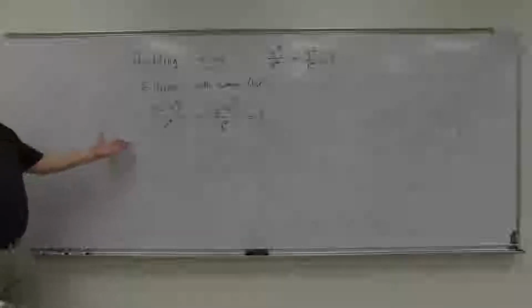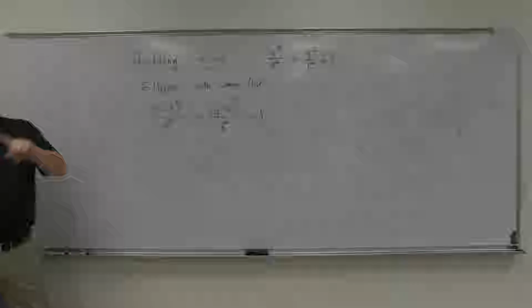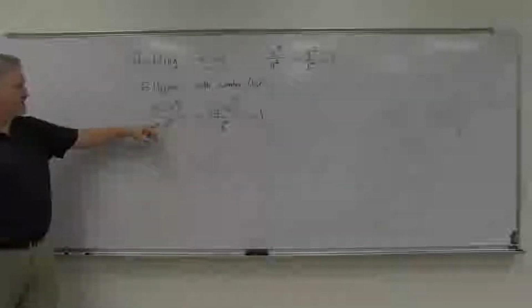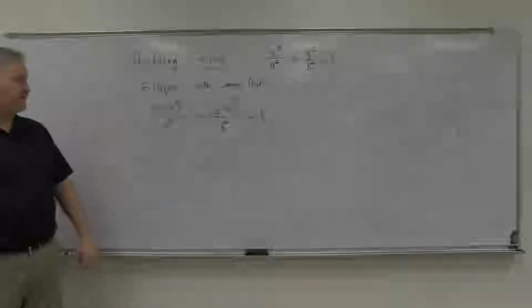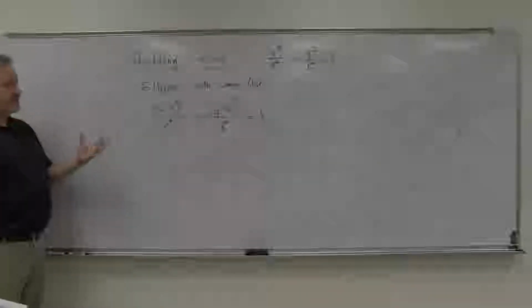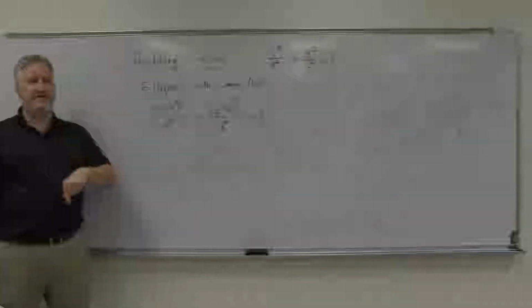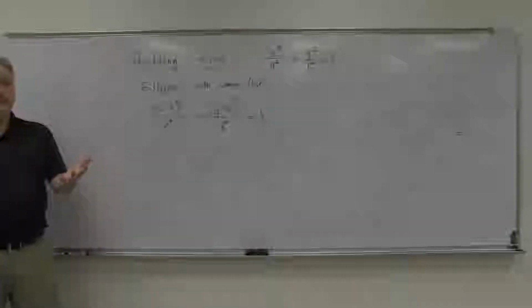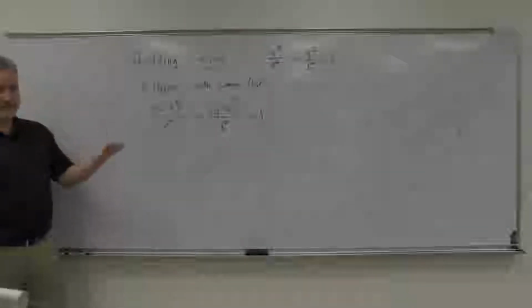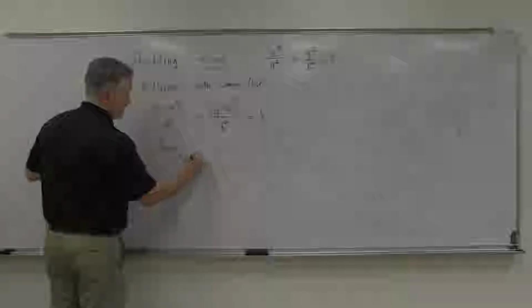It's a little more complicated because you've got the format for the ellipses. You want one side equals 1 because that tells you how far out to go in both directions. And now the other consideration is, remember on the ellipses we want a squared greater than b squared, so a greater than b, because of the foci. The foci still will be the same formula: c squared equals a squared minus b squared.